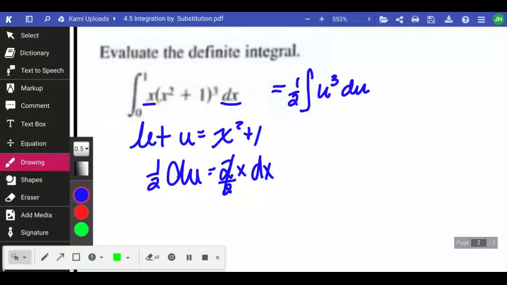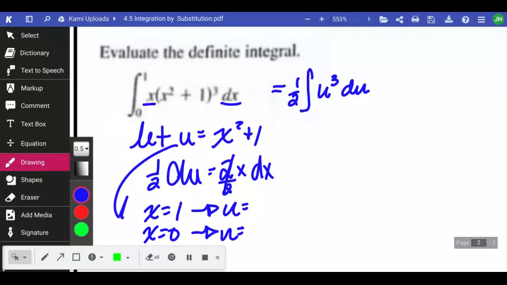Okay. Now I'm not putting my limits of integration because, again, that's mixing u's and x's. Okay, 0 and 1 are x values. So if I'm going to have an integral with just u's, I need u values to plug in. So what I love about this is I have x equals 1 and x equals 0. And I can change them to be u values because I have an equation for u.